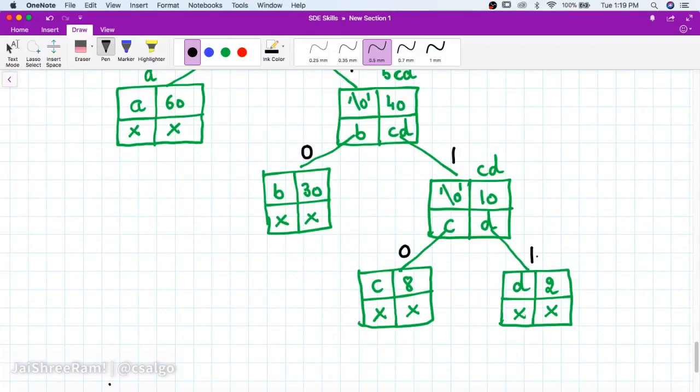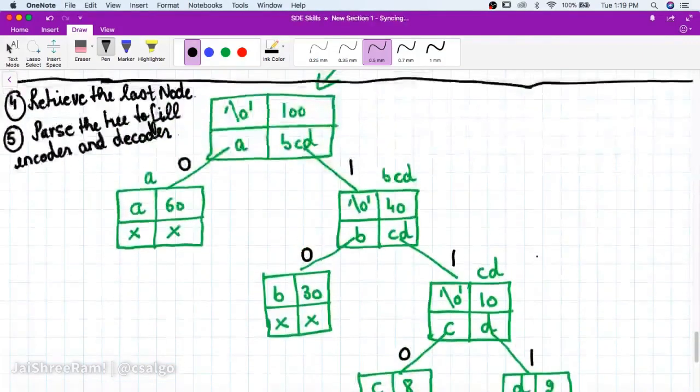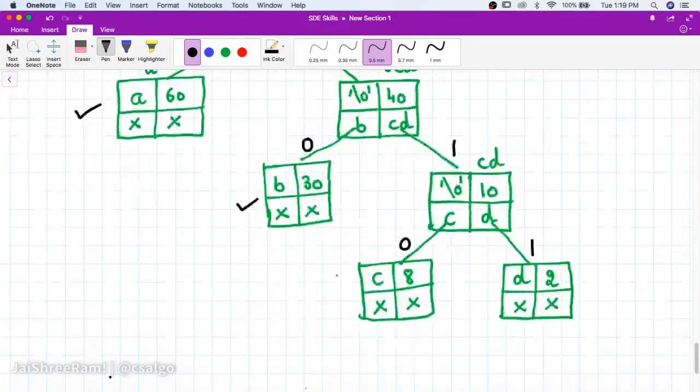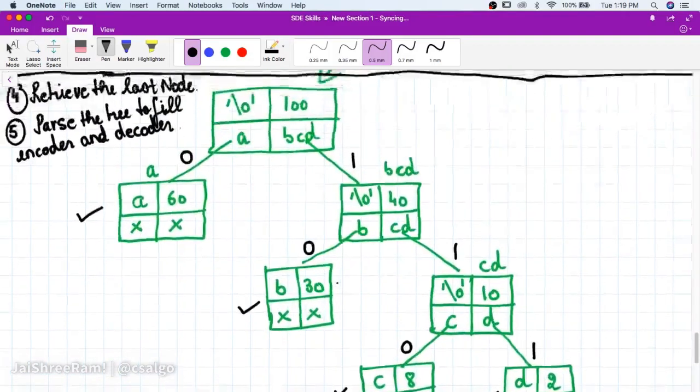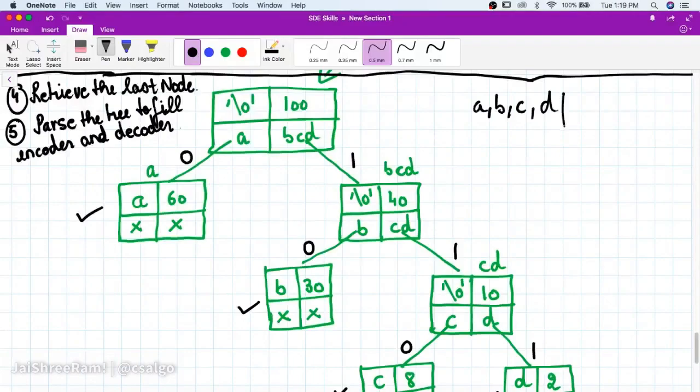Now as you can see, all my leaf nodes, which is this node, and this node, and this node, are nothing but the characters of my string. My string consisted of 4 characters, A, B, C, D, as I made a frequency map of those.